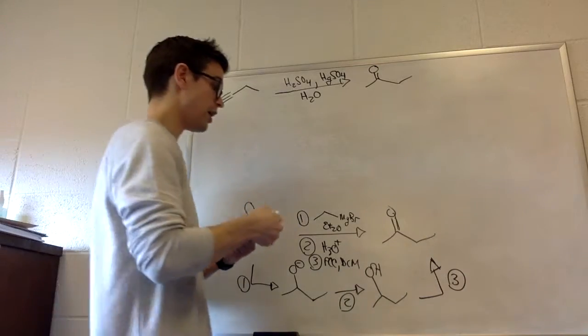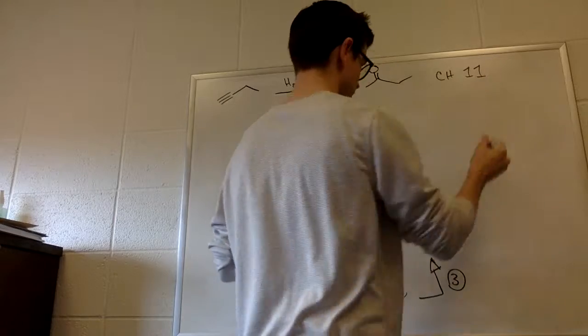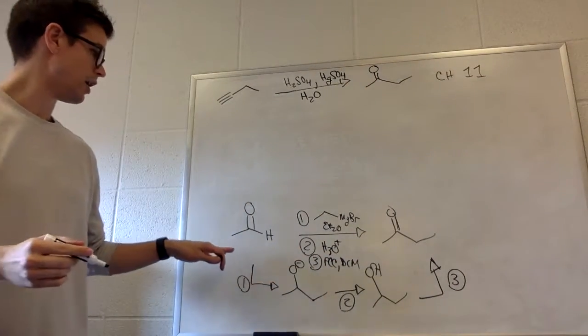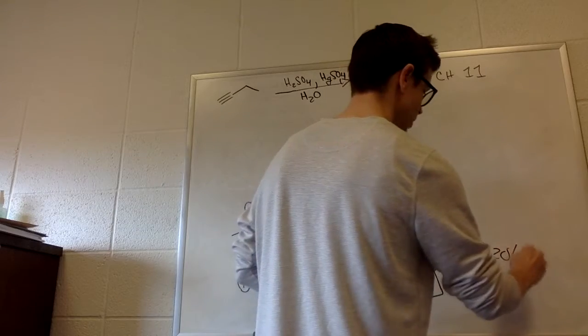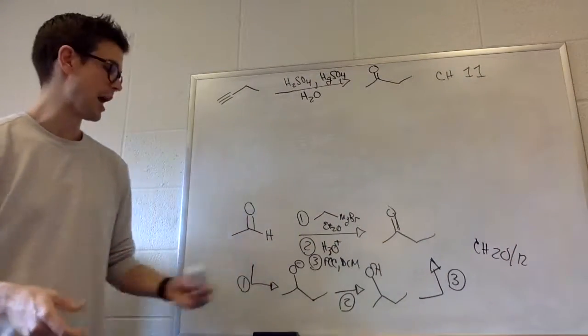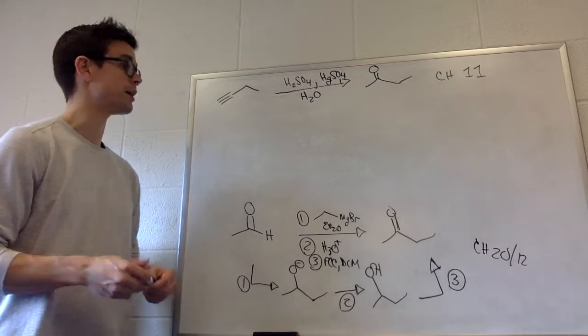So again, this is chapter 11 if you want to go back and remind yourself of that. This reaction was chapter 20/12 because we did the oxidation after we did a Grignard addition to the aldehyde.